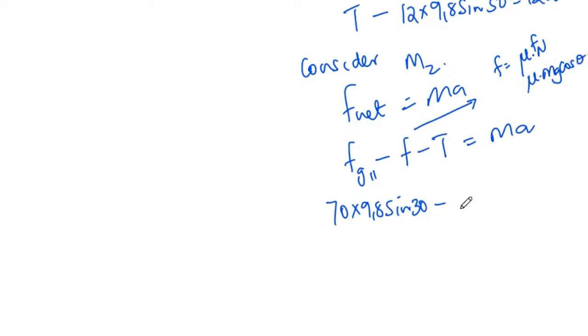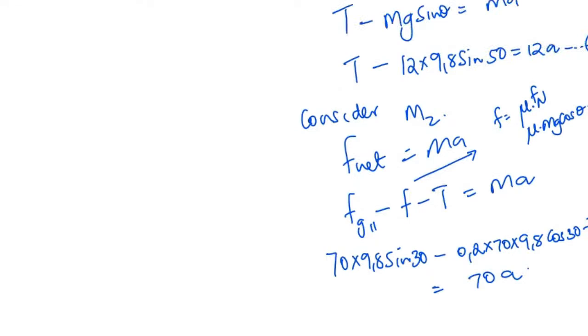So I'm just going to substitute that. So minus the 0.2 times 70 times 9.8 the cos of 30 minus the tension, it must give me 70 times the acceleration.